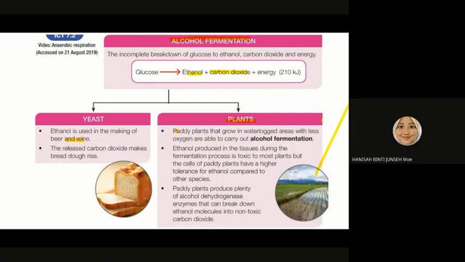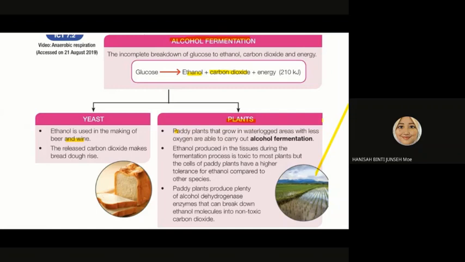So when there are waterlogged areas, there is less oxygen. Okay, less oxygen, so this plant will carry out alcohol fermentation. As you know, plants also carry out cellular respiration. What kind of cellular respiration?